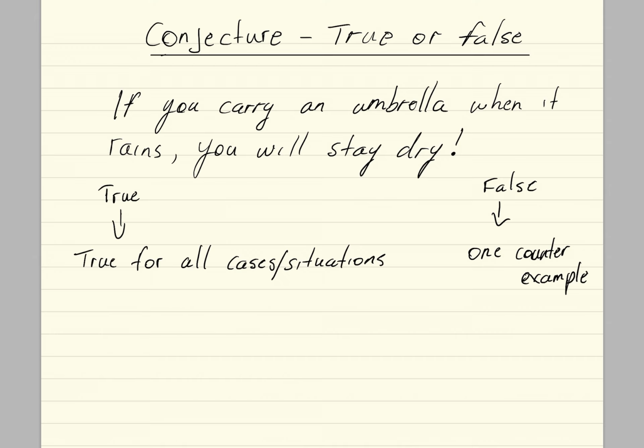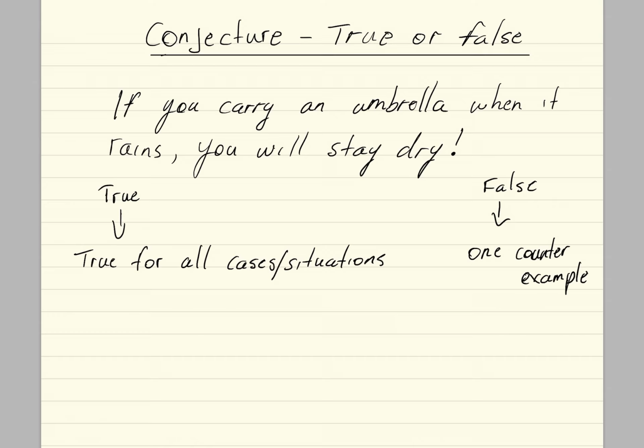So let's go through this conjecture just to try to figure out how this can always be true or how it can be false. So if you think about it, every time you carry an umbrella, you get this experience that it's always keeping you dry. But is that always true? I would say probably not for all cases.